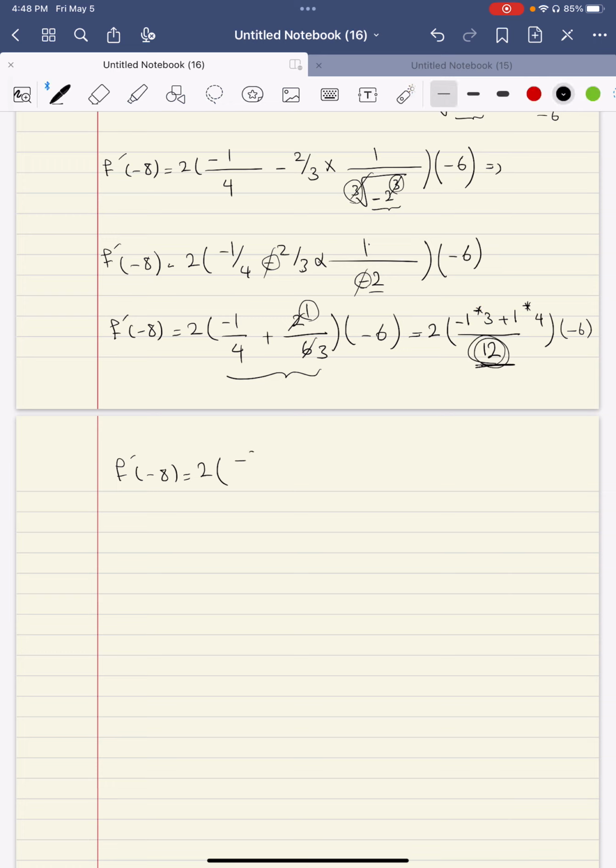So it would be negative 3 plus 4 over 12 times negative 6. Negative 6 times 2 would be negative 12, and the 12s would cancel out in here, so it would be negative of negative 3 plus 4. Negative 3 plus 4 is positive 1, so the negative of positive 1 is negative 1. This would be the answer.